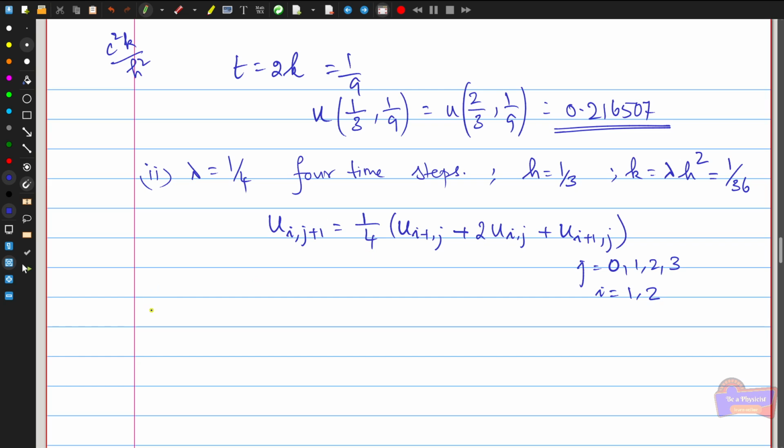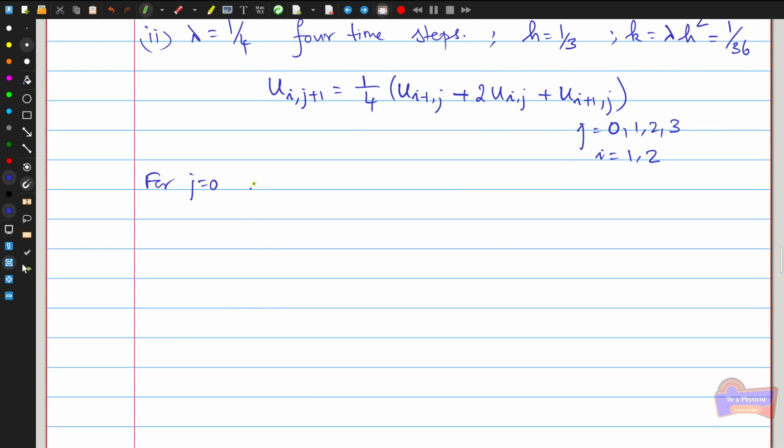Suppose we find it for j equal to 0, i equal to 1, so we have u of 1 comma 1, which is equal to, substituting the values of i and j in this equation, 0.25 because it's 1 by 4, times u of 0 comma 0 plus 2 times u of 1 comma 0 plus u of 2 comma 0.